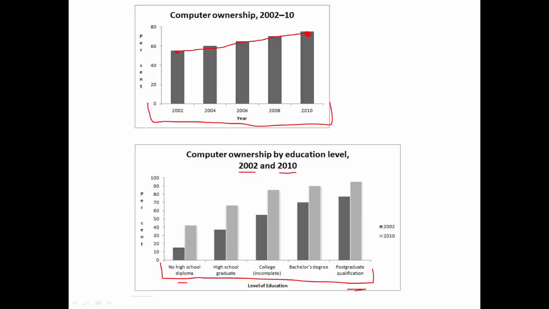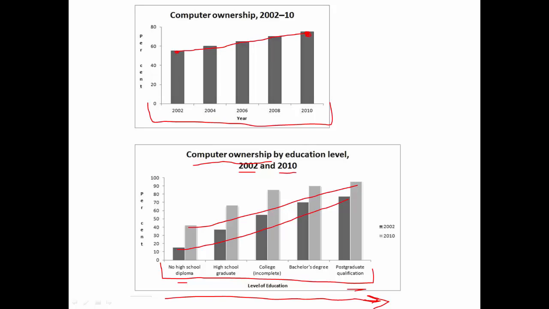And I would plot a line from here up to here, and here up to here. And because the graph is going from least amount of education up to most, I can quickly decide, sorry, my drawing of arrows isn't very good, I can quickly see that the higher the education goes, the higher the computer ownership goes. And this is the same for 2002 and 2010, relatively the same.